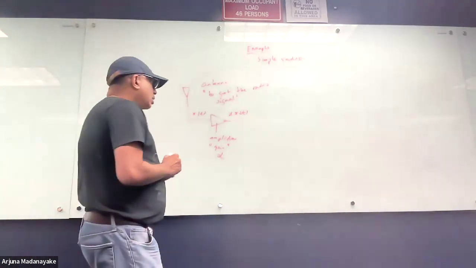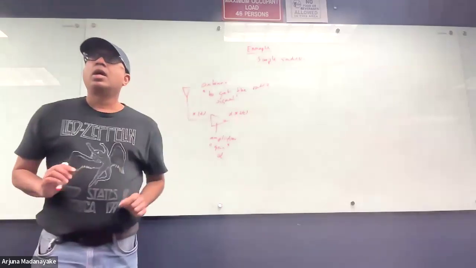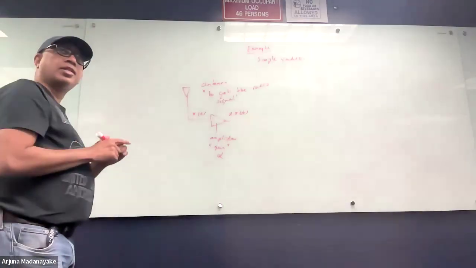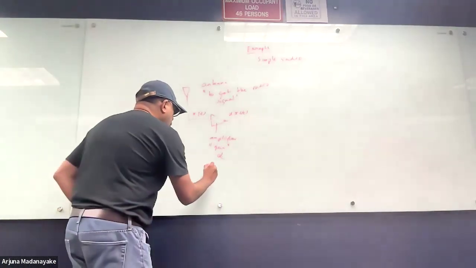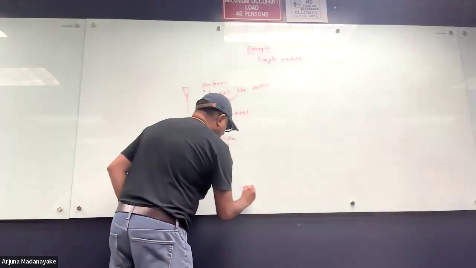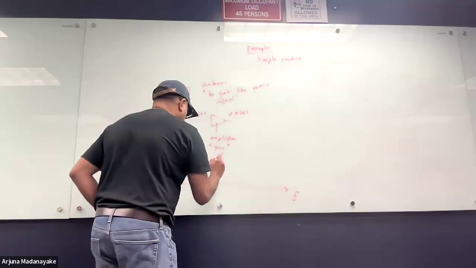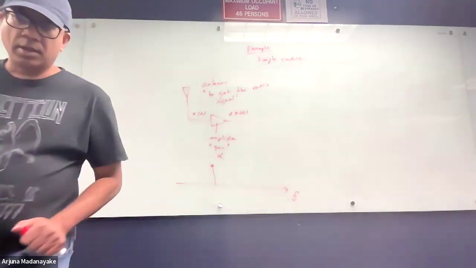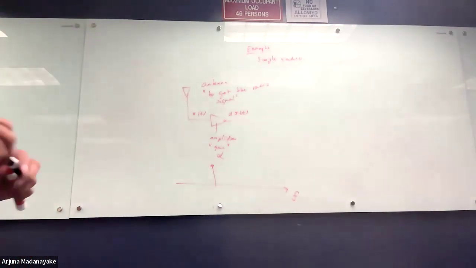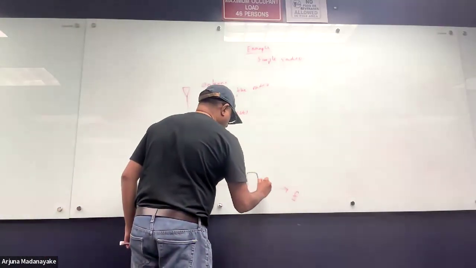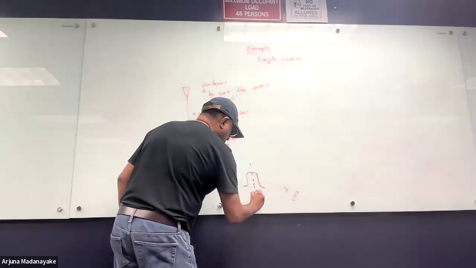So when you receive a signal, the radio signal from the air that you capture from the antenna is at a high frequency. We can visualize it in the frequency domain. Let's say this is f, and this is a symmetrical spectrum centered at some carrier frequency.